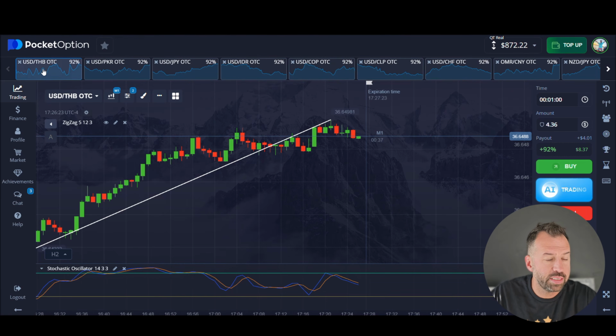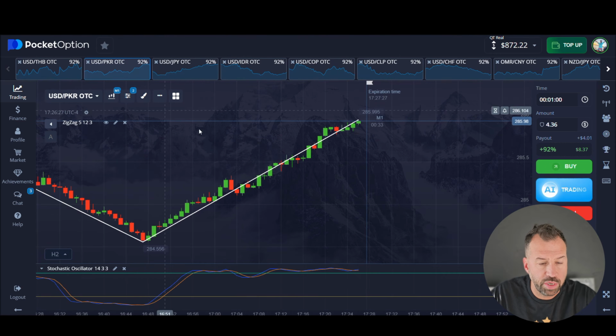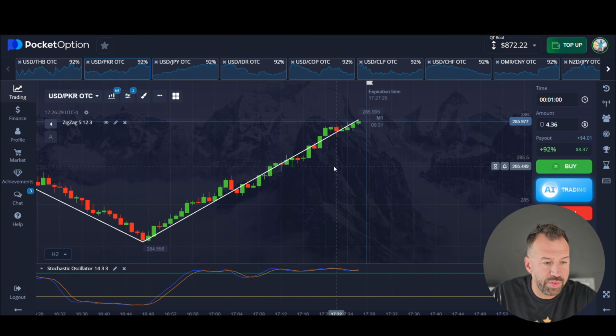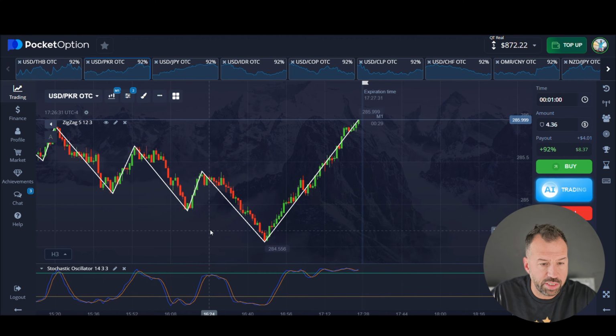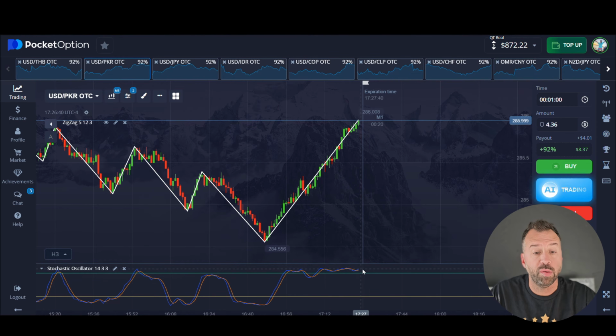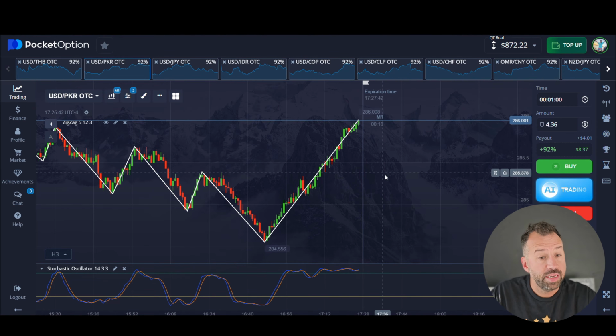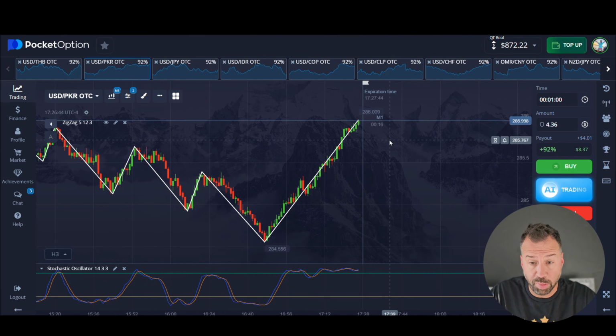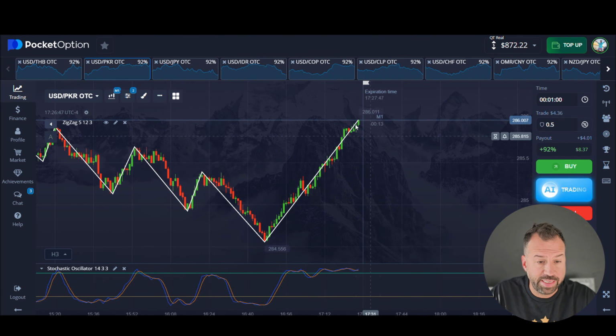So let's go ahead and see if I can continue this trend to show you this strategy here. We're going to scoot through and find some pairs here that we can potentially trade. What you want to be mindful of is this is holding way outside the overbought trend, which we should be getting ready to buy and ride it down.